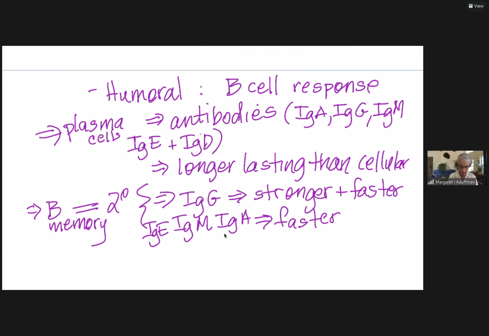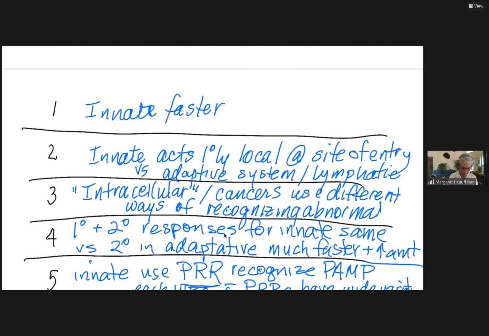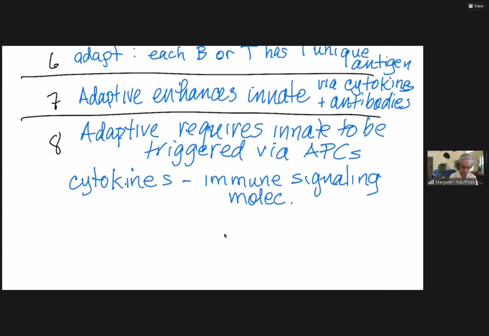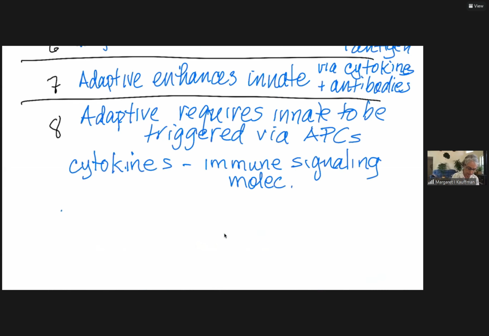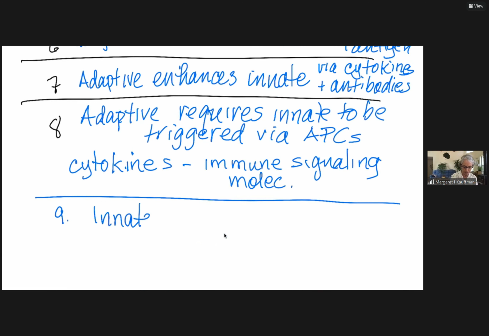So there's one last thing we could have put in this table that is unique for, well, not unique, but is an aspect of your innate response. And that is, there are parts of the innate response that are not actually white blood cells or cytokines or phagocytes.